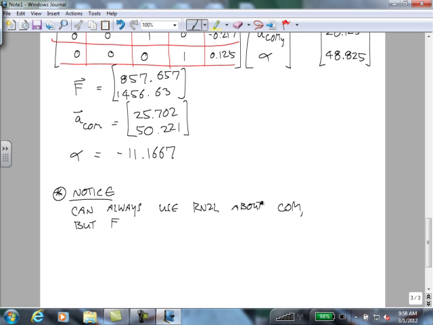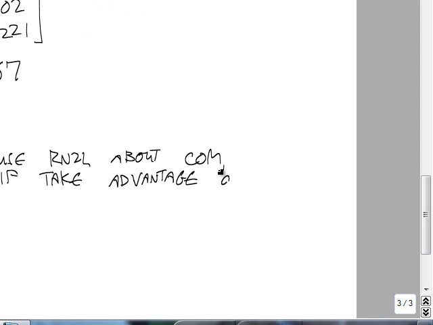So it's faster if you take advantage of fixed points when you have them. Any questions about that problem?